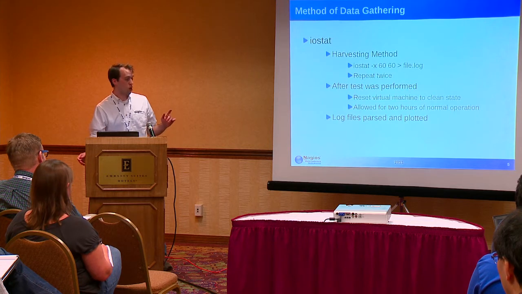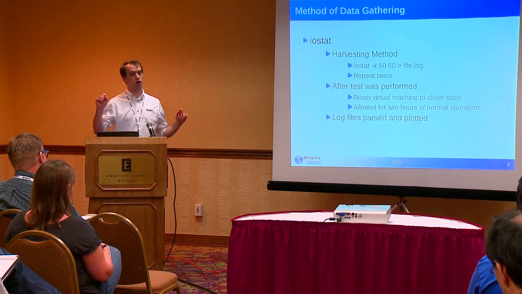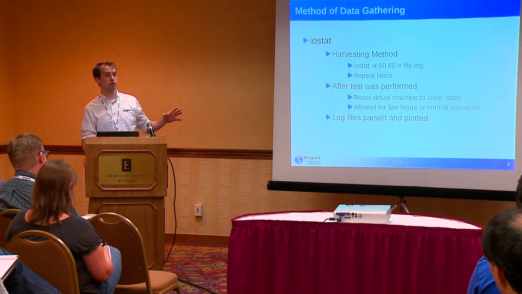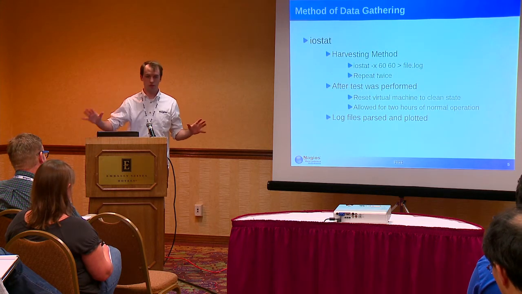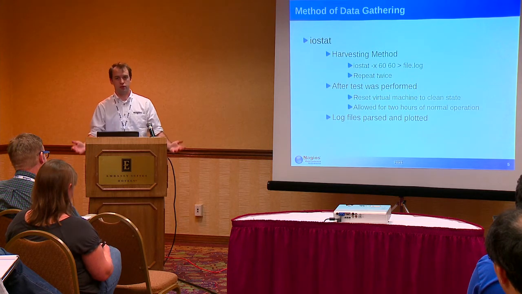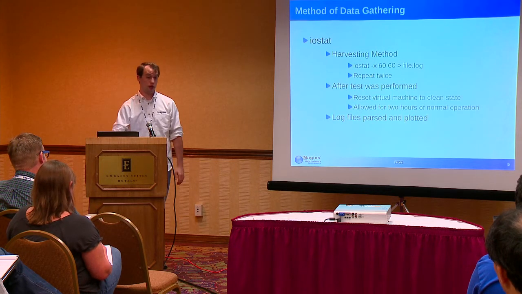And then I allowed for 2 hours of normal operation before going through and running the iostat method again, just to let stuff even out, find an equilibrium point. And then I parsed the log files and plotted them using some custom scripts. They're pretty simple, so there's no creative math going on in any of these.